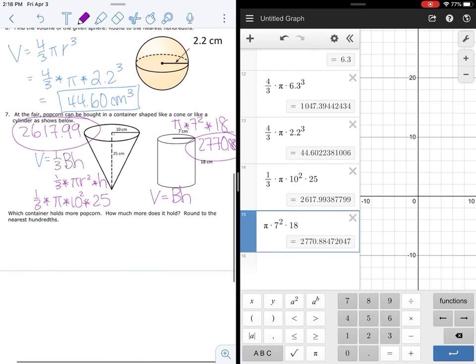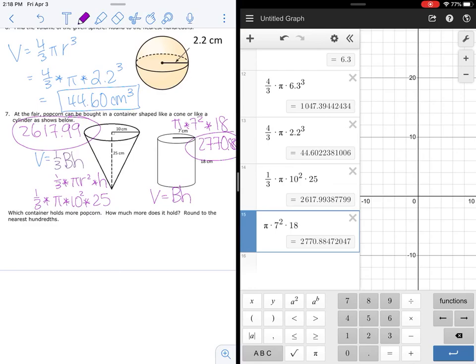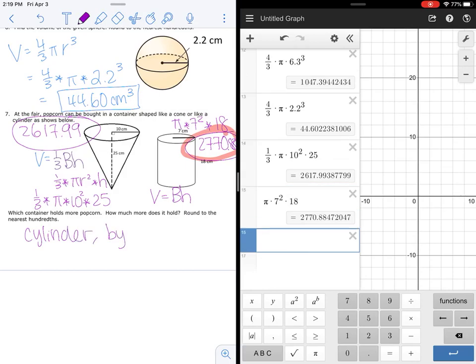So we have two different volumes, 2,617.99 and 2,770.88. And our question says, which container holds more popcorn? How much more does it hold? Round to the nearest hundredths. So obviously we can say that the cylinder holds more popcorn, and we can definitely just subtract them.